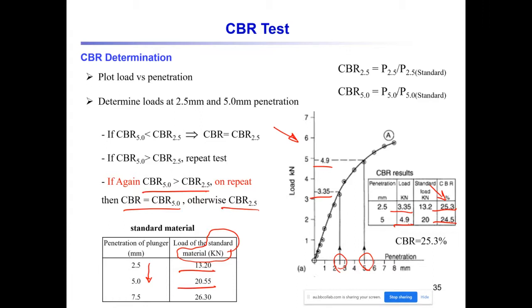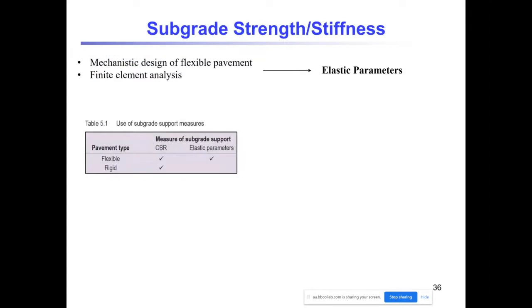So again, this is the review. We already covered this part, but this is the new part from this lecture. We conducted the CBR test, but we want to conduct, for example, numerical analysis. We cannot use CBR for numerical analysis, or when we want to design pavement using the mechanistic approach.